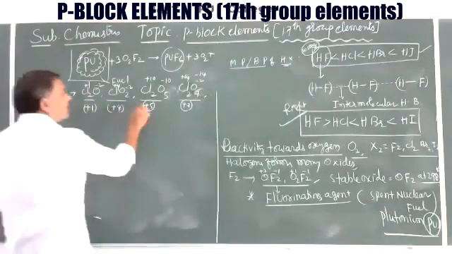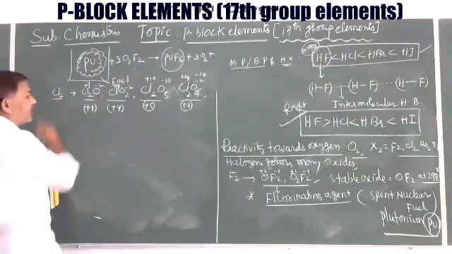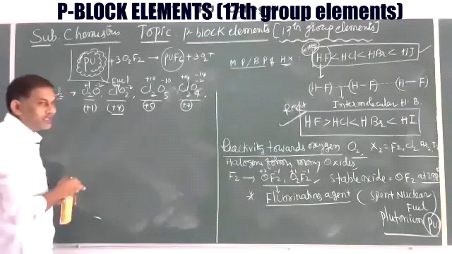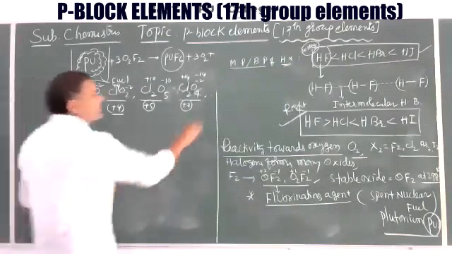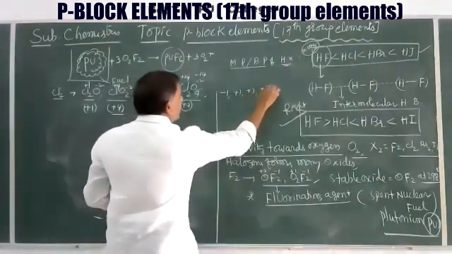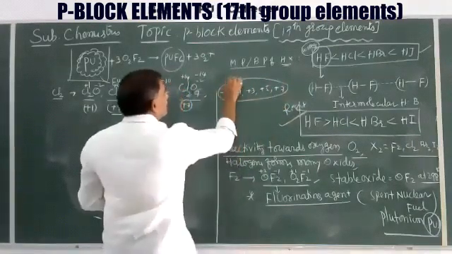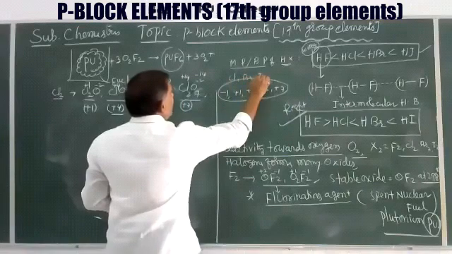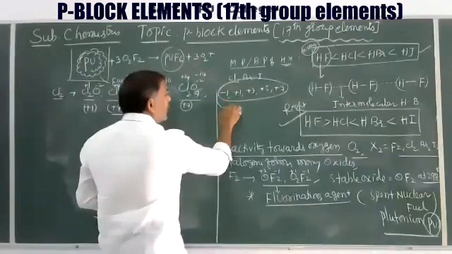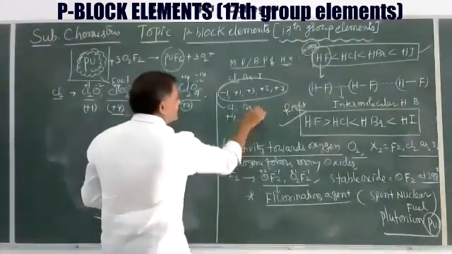Already we have discussed variable oxidation states, and I'll explain one more point to you. In oxides, chlorine and bromine also exhibit plus 4 and plus 6 oxidation states, along with -1, plus 1, plus 3, plus 5, plus 7, which are commonly exhibited by chlorine, bromine and iodine. In case of oxides, chlorine and bromine also show the plus 4 and plus 6 oxidation states.